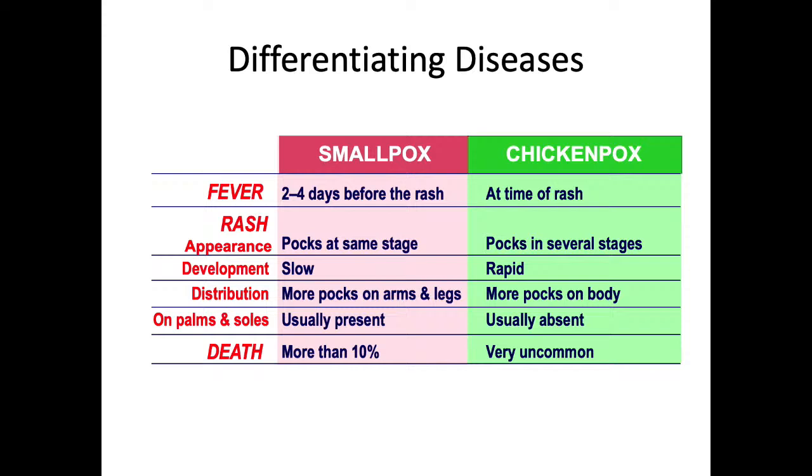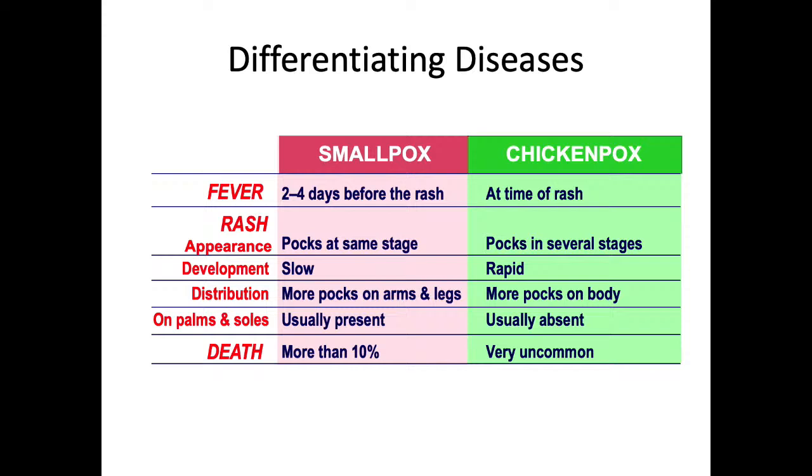In smallpox, skin lesions are at the same stage of development. All are vesicular, all are pustular, and then all skin lesions move to the scab stage. But in chickenpox, skin lesions are at different stages of development. Some are just appearing, others are already pustular.